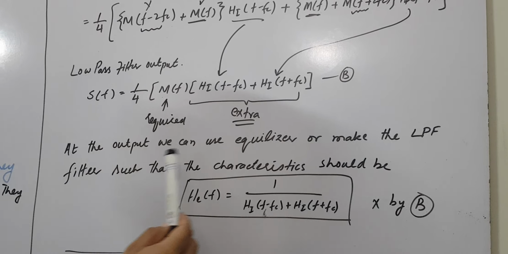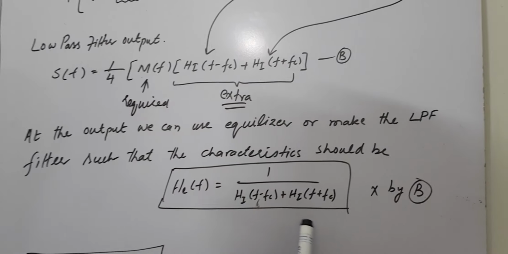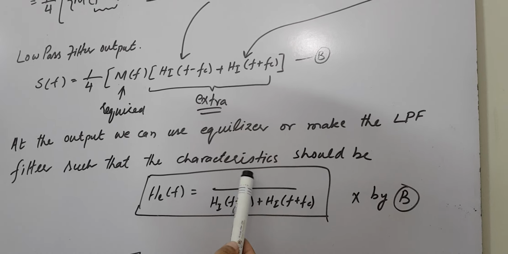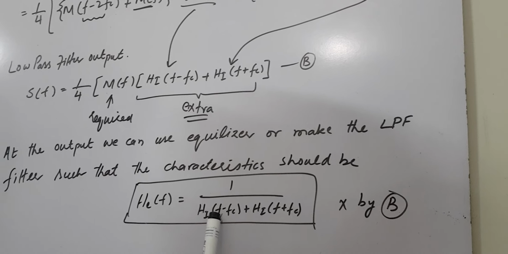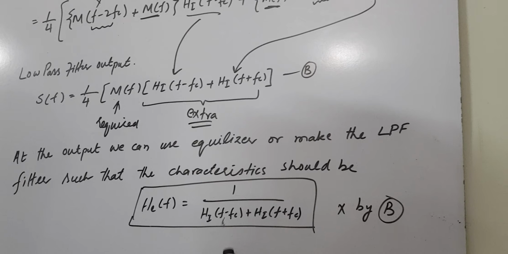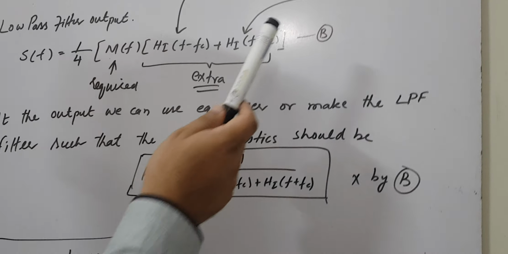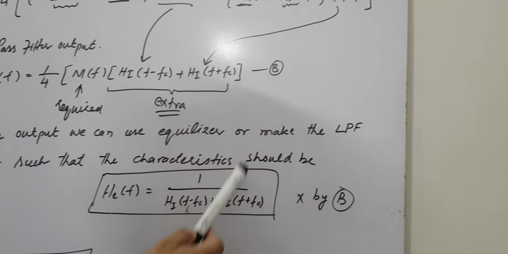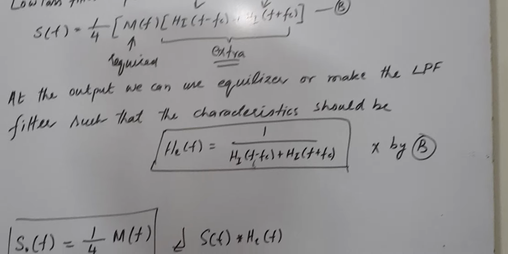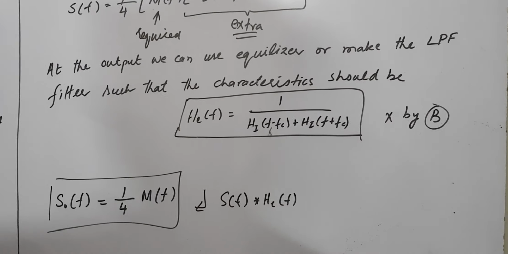Otherwise you should use an equalizer whose characteristic is H_E of f equals 1 divided by H of f minus fc plus H of f plus fc. If you multiply the equalizer output with that equation B, they get cancelled out, and the remaining is 1/4 M of f, which is the required output at the receiver.